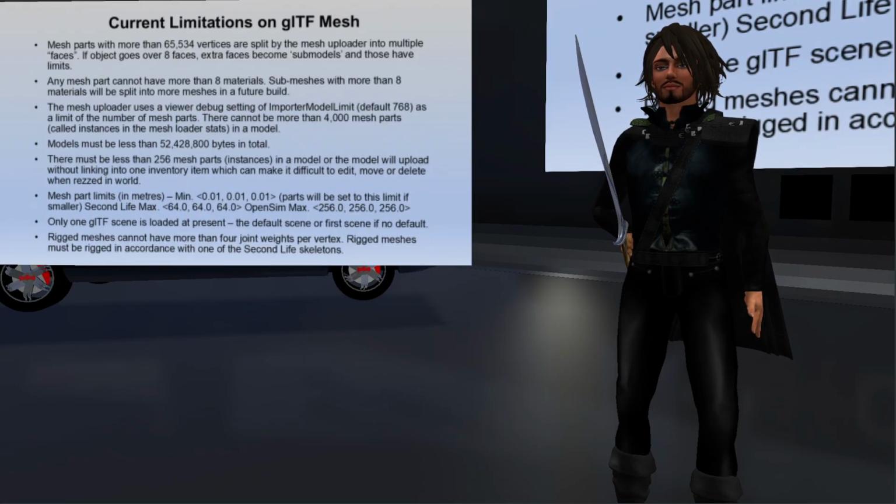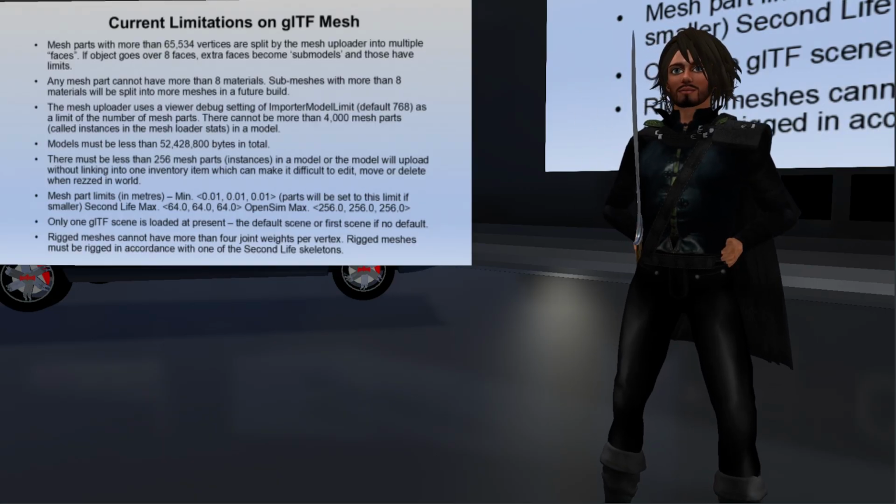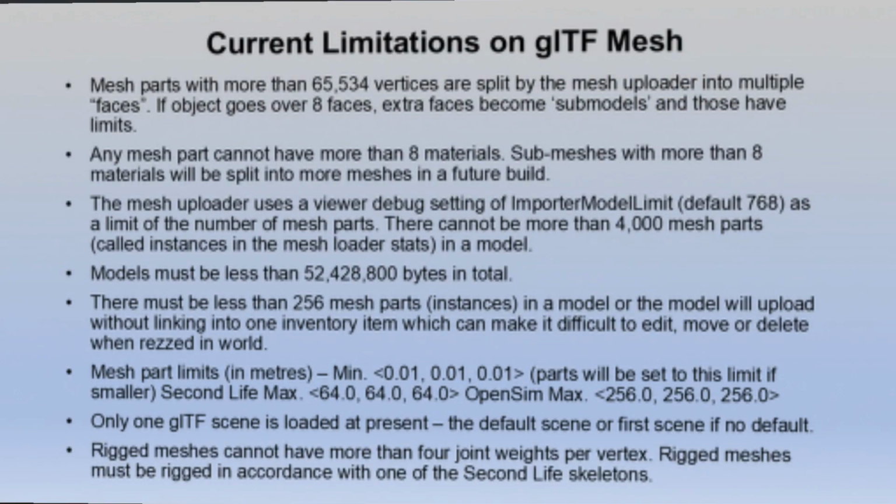There is a difference between Second Life and OpenSim in that respect. Second Life has a maximum size limitation of any one piece of the mesh of 64 meters, whereas for OpenSim we have a maximum limitation of 256 meters, which means you can have a region scale item such as the build for falling water that fills the entire region as a single model.